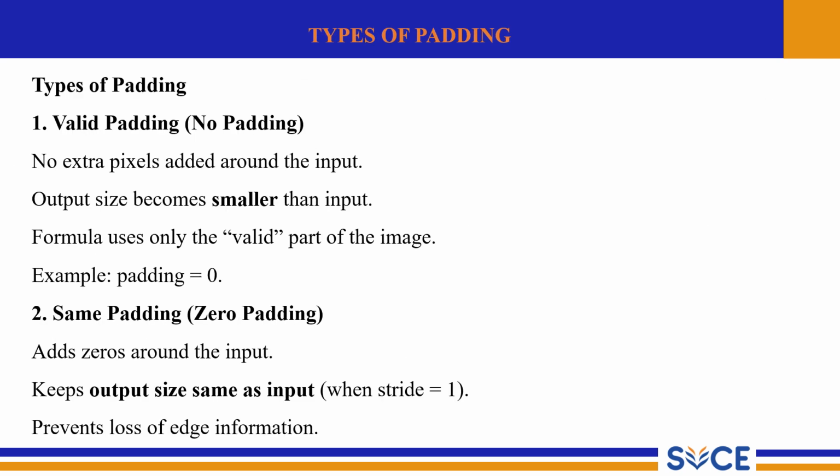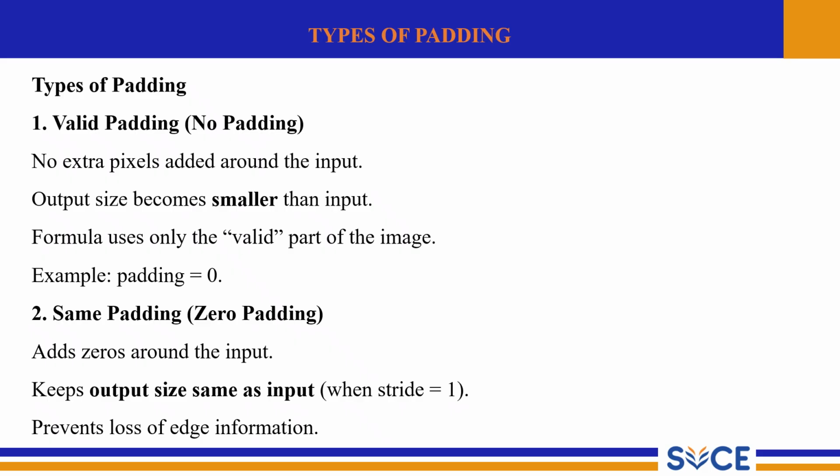Types of padding in convolutional neural networks. There are mainly two common types of padding used in convolutional neural networks. The first one is valid padding and the second one is same padding. First let's talk about valid padding. It is also known as no padding. In valid padding, no extra pixels are added around the input image.